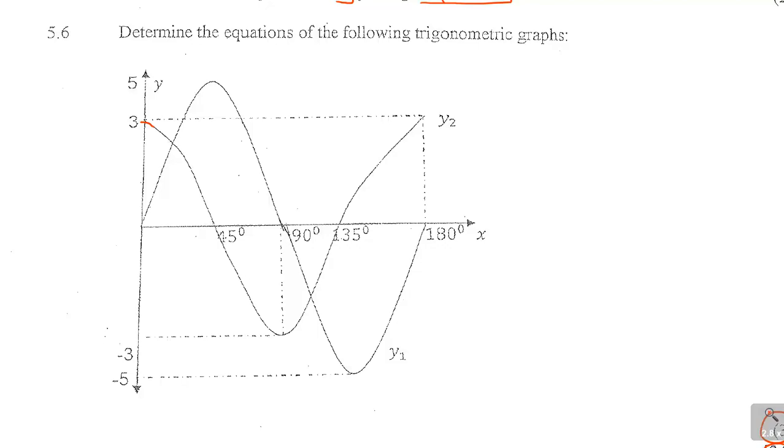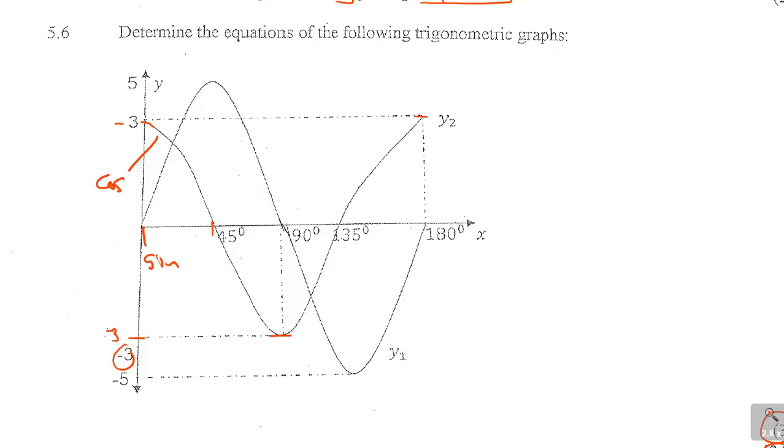It goes here, it cuts at 45, it turns at -3. So usually, a graph that you must know: if you start with a maximum, it's a graph for cos. The one that starts at 0 is a graph for sine.